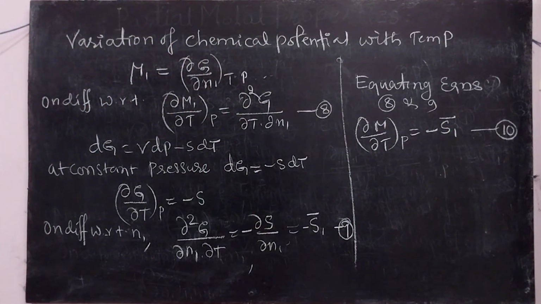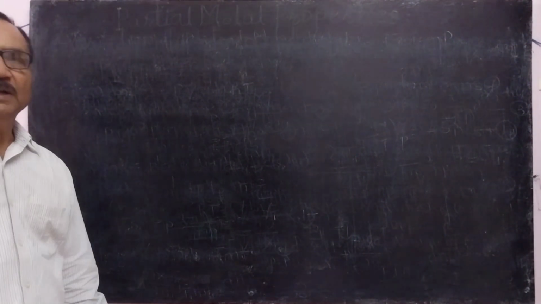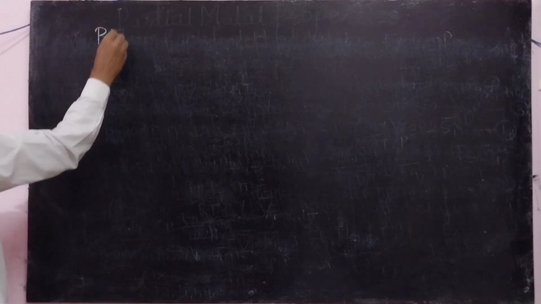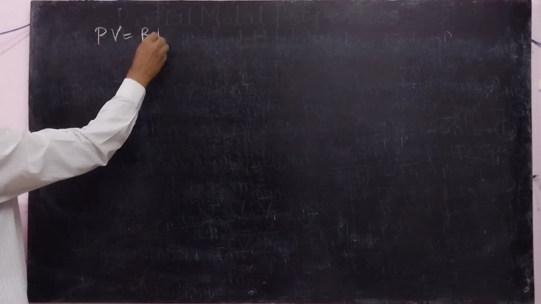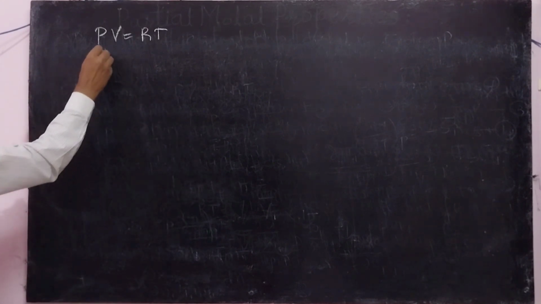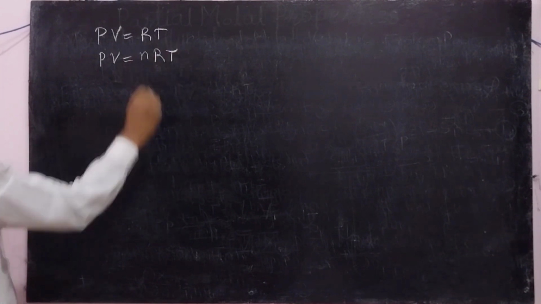Then variation of chemical potential with pressure. For ideal gas, we have the ideal gas equation, that is PV equal to RT. For n moles, the equation becomes PV equal to nRT.